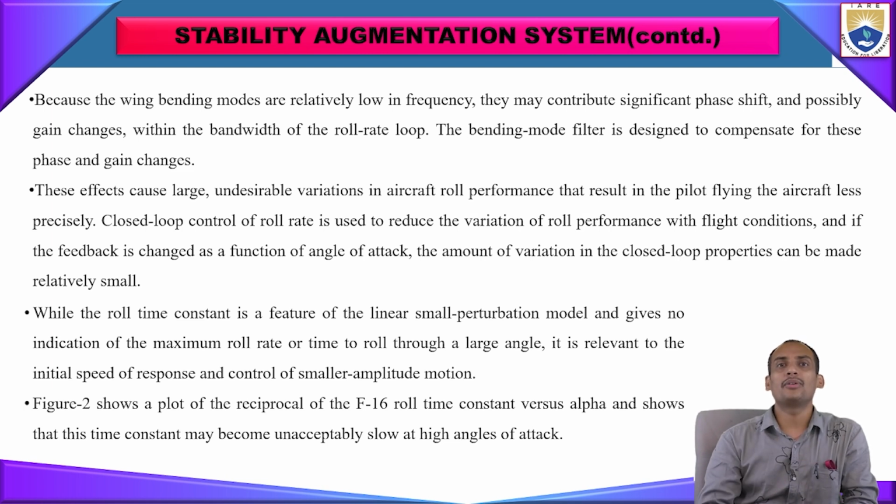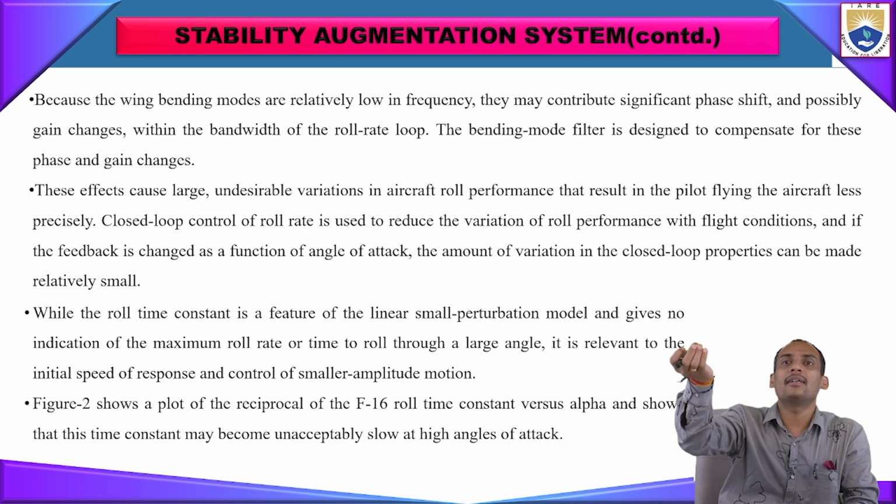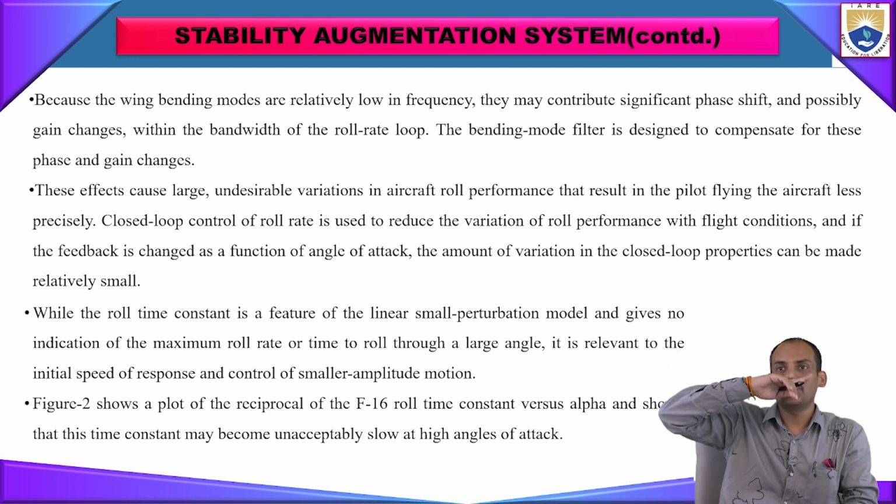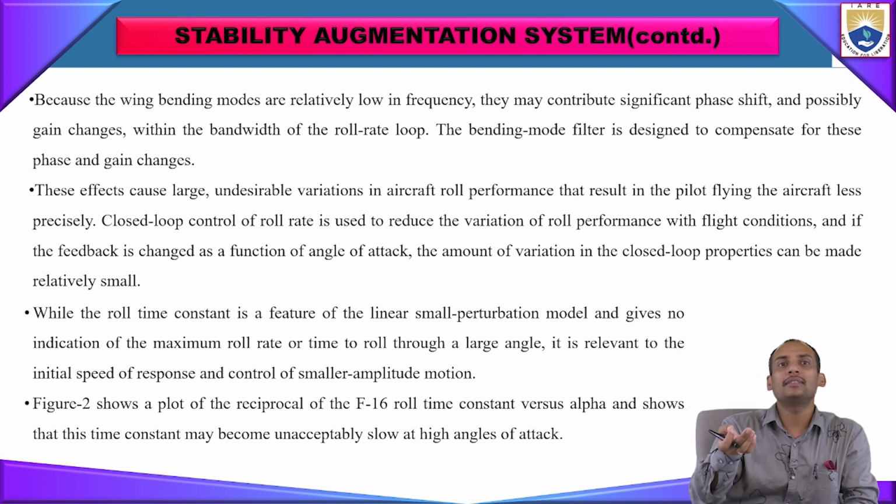So when the roll time is a constant, the linear small perturbation model gives no indication of the maximum roll rate or the time taken for a large angle. It is relevant to the initial speed of response and control of the smaller amplitude motions only, so that error in the signal will be avoided.